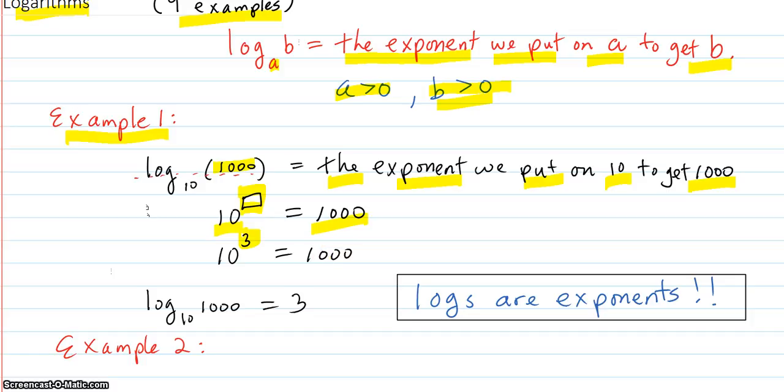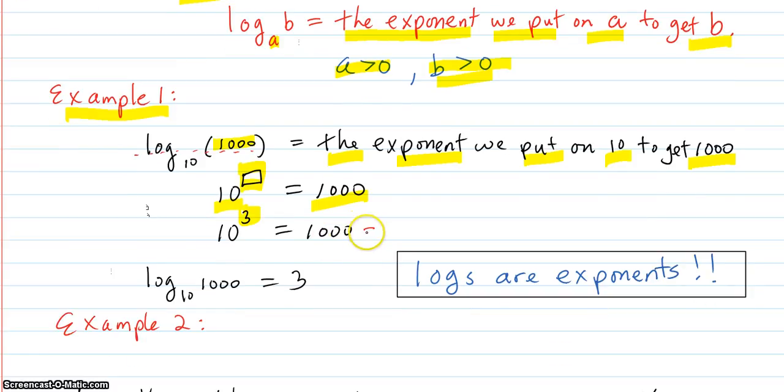And if you didn't see that, you would have to write 1,000 as 10 to the third, and then you'd match up the 3 and the 3. So log base 10 of 1,000 equals 3. The exponent you put on the base 10 to get 1,000.